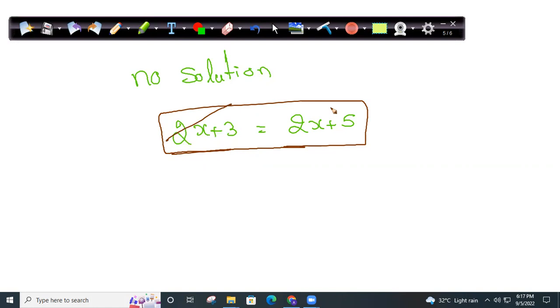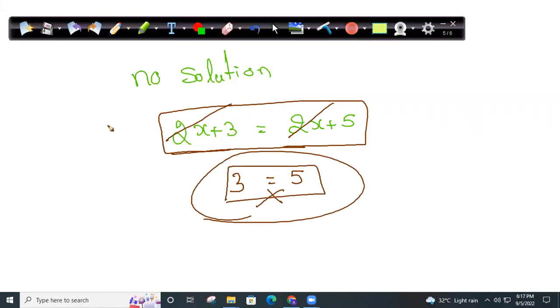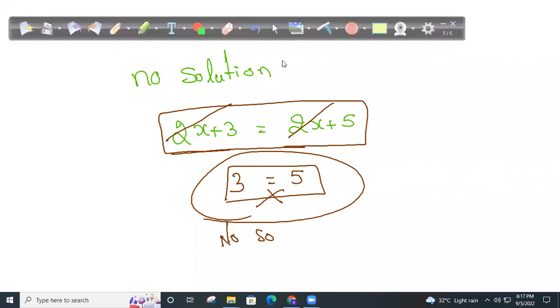You cancel 2x on both sides, you are left with 3 on the left hand side and 5 on the right hand side. 3 equal to 5 is impossible anywhere in this world. So what is the meaning of this? No solution means there is no value of x that satisfies the given equation.